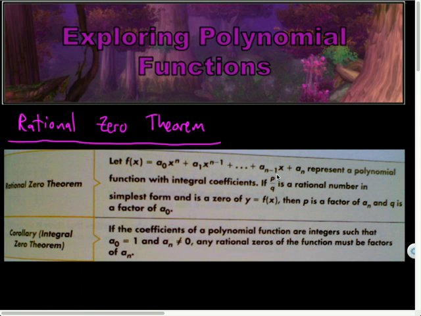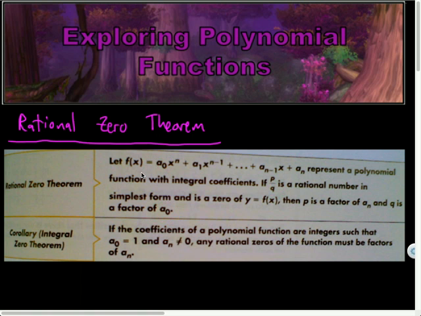And it says if p over q is a rational number in simplest form, so p over q is some fraction, and is a 0 of the polynomial, it turns out that the numerator is a factor of my constant, and that the denominator is a factor of the leading coefficient.